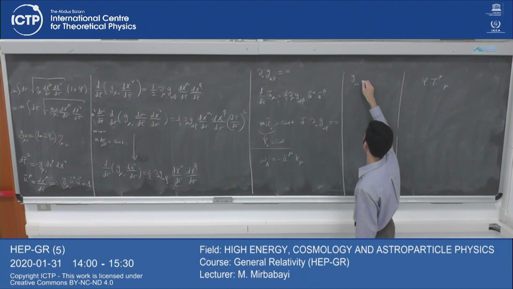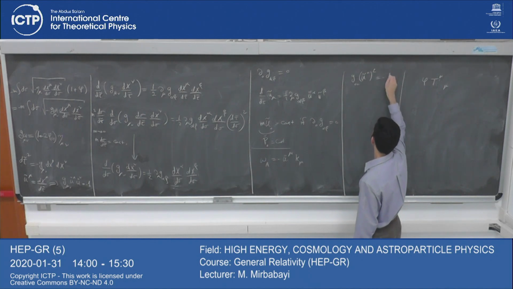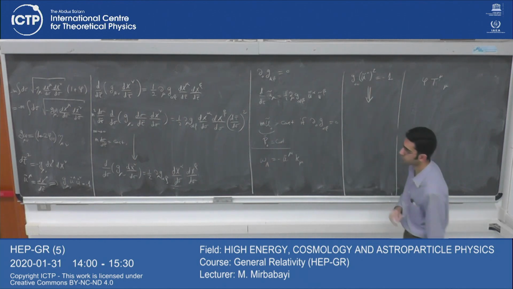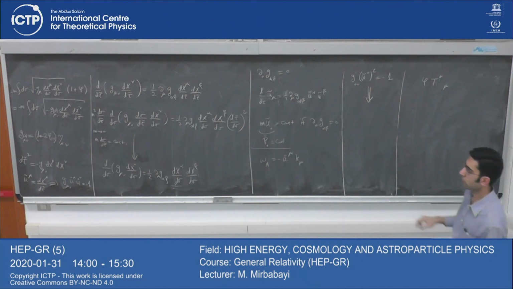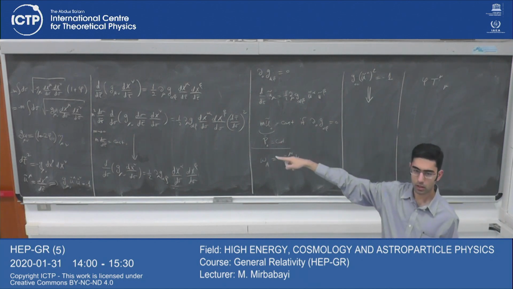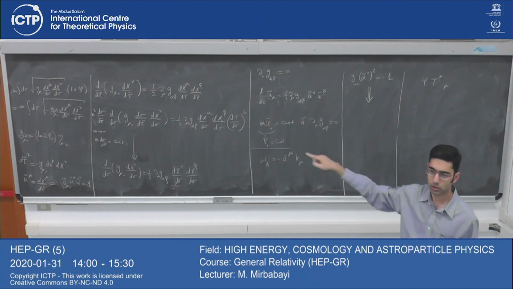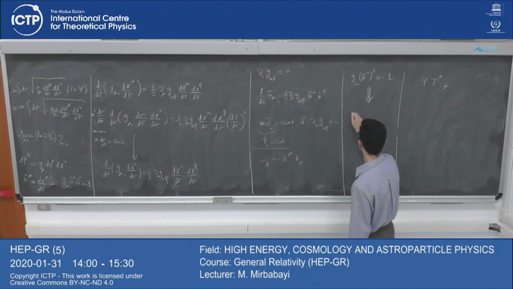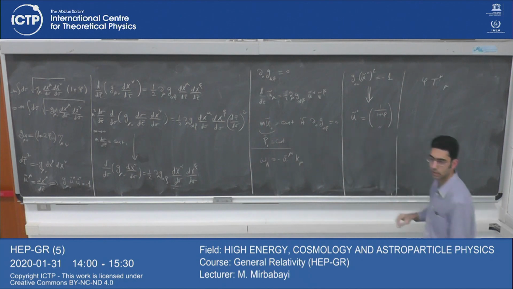So we should have g00 times u tilde 0 squared equal to -1. And then we use our definition of g mu nu in the particular case of the dilaton field to get u tilde 0 equals 1 over 1 plus phi at 0.